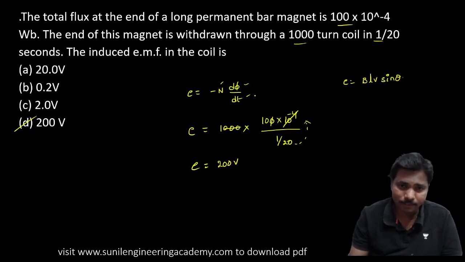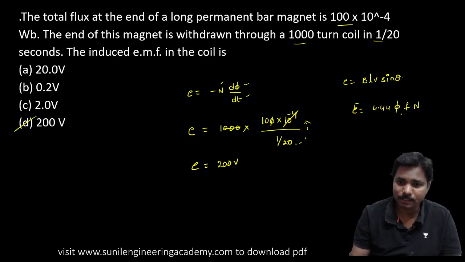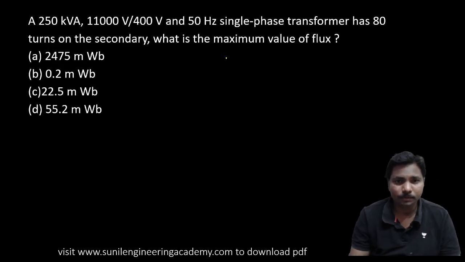E is equal to minus N d phi by dt, E is equal to BLV sin theta, and also EMF in the transformer is equal to 4.44 phi F N or phi F T. Phi is the maximum flux generally. N is the number of turns. So here turns are given, voltages are given, and what is the maximum flux?